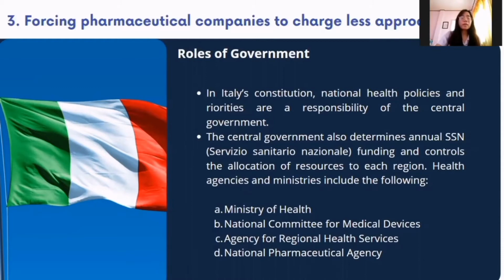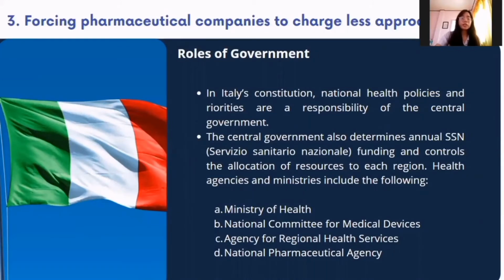The National Committee for Medical Devices develops cost-benefit analysis, and determines reference prices for medical devices. The Agency for Regional Health Services is the sole institution responsible for conducting comparative effectiveness analysis, which is accountable to the regions and to the Ministry of Health.